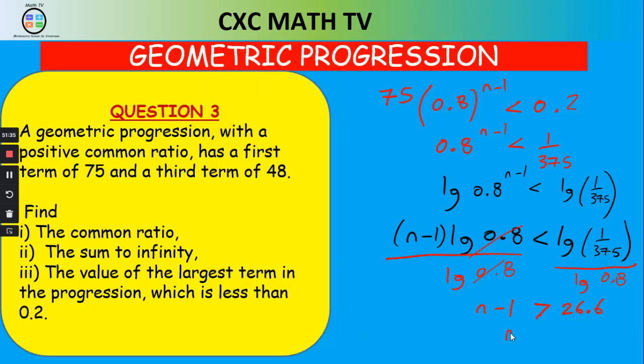Then we add 1 to both sides, so n is greater than 27.6. Since n is greater than 27.6, then n is equal to 28.